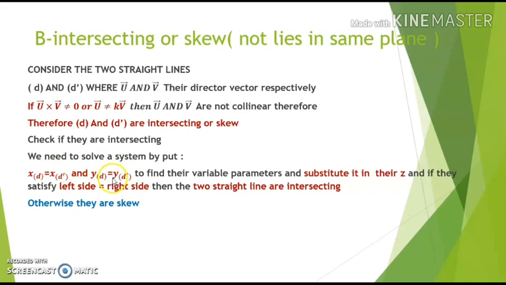By solving this system, we can find the parameters, and we now need to substitute the results in z of each line. If they satisfy left side equals right side, meaning the same z, then the two straight lines are intersecting. But otherwise, they are skew.